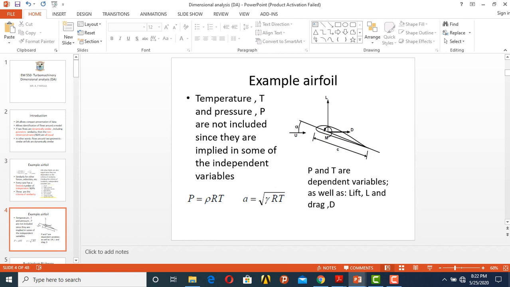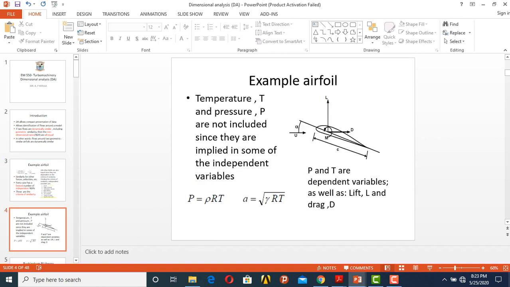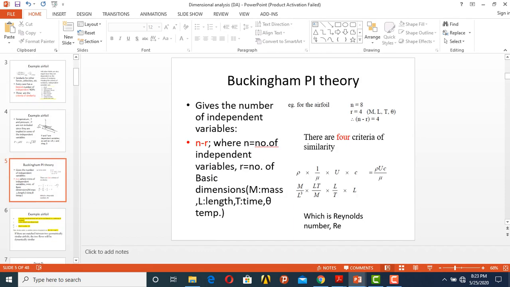It depends on the variables which you have just mentioned: the chord, angle of attack, the free stream velocity, the fluid density, as well as the viscosity of the fluid. So if you look at the variables in relation to coming up with non-dimensional ratios, there is a way to come up with these non-dimensional ratios which shall be attached to all aerofoils of the same family.